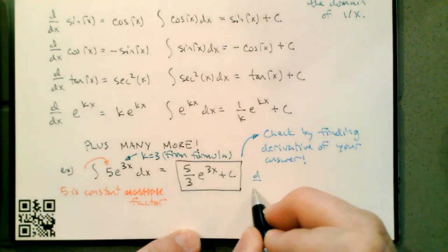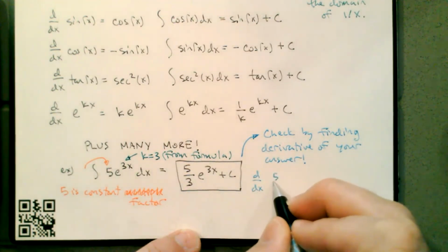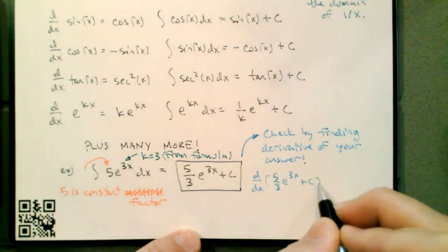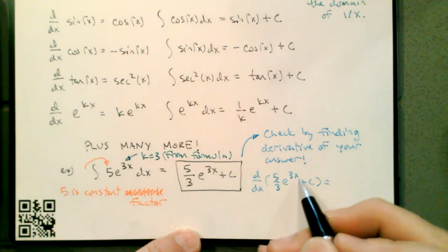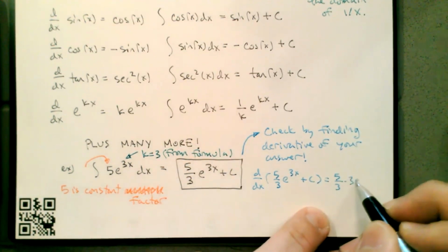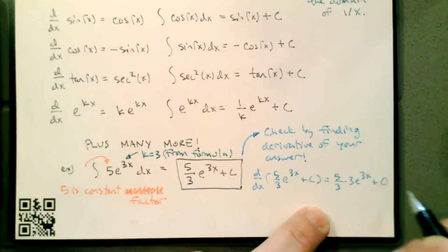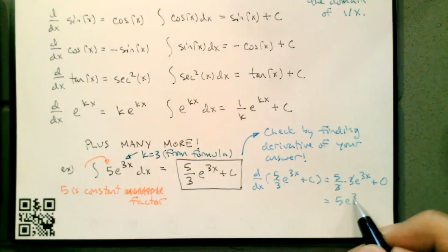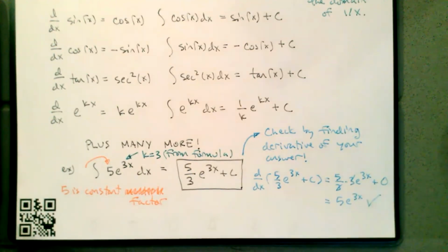The derivative of 5/3 e to the 3x plus c: the derivative of 5/3 e to the 3x is 5/3 times 3e to the 3x, plus 0. The 3's cancel, and we end up with 5e to the 3x, just like we were supposed to.